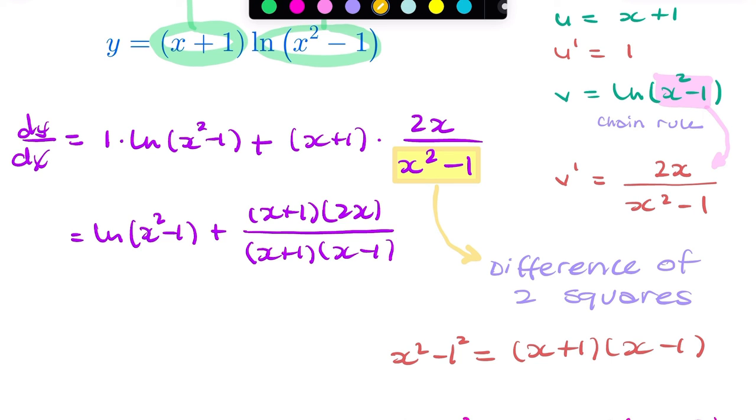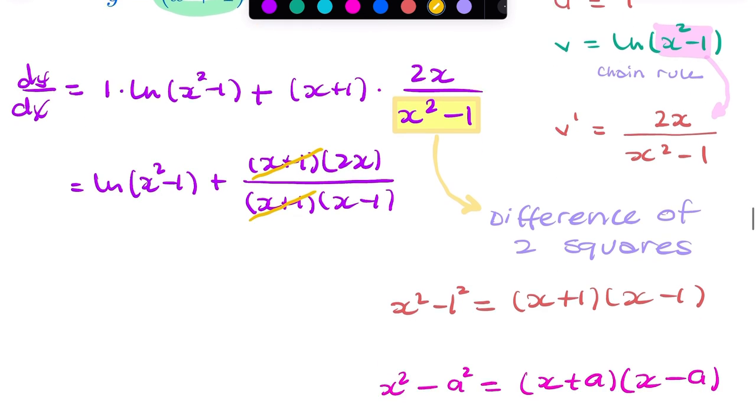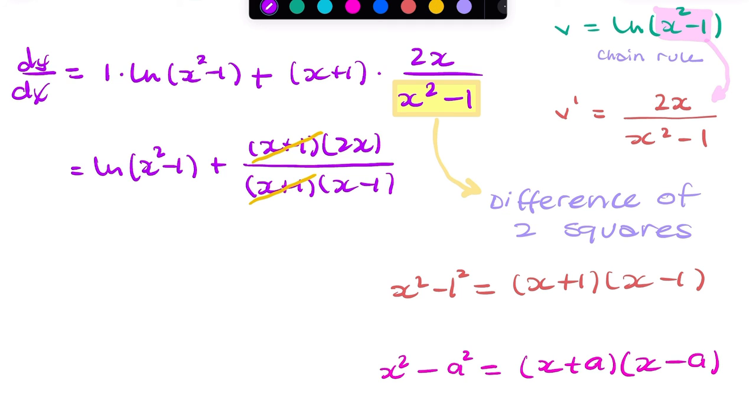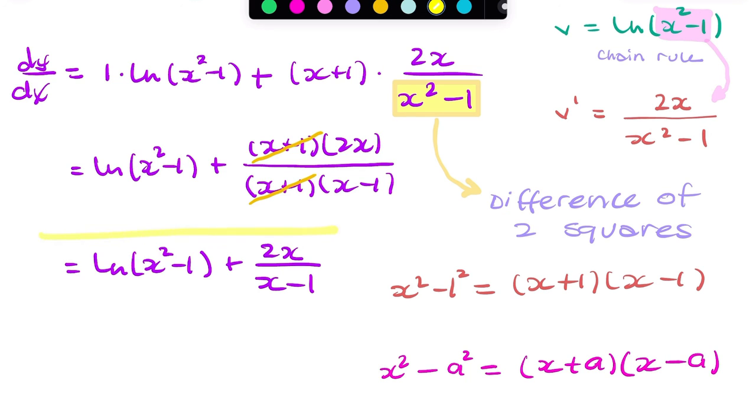And now, if you notice, we've got x plus 1 in the numerator and in the denominator, and those two simplify to 1, so we can cancel those. So that's my final answer: ln x squared minus 1 plus 2x over x minus 1. And that now is your final answer.